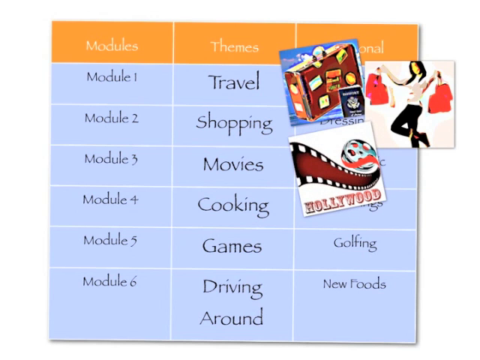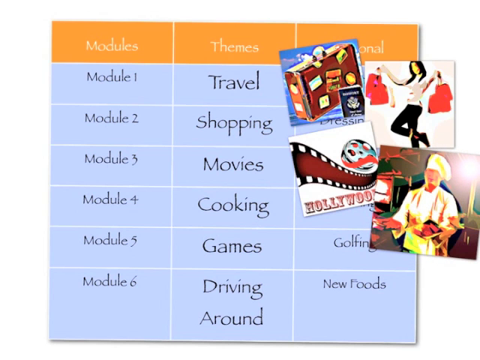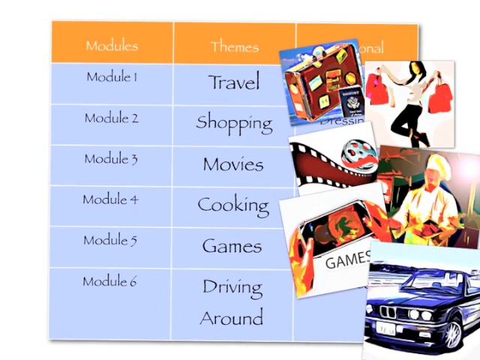So then they go to Module 3. They're talking about movies. Module 4 is talking about cooking. Module 5 is talking about games. And finally, Module 6 is talking about driving around. Okay, it could be about cars. It could be an extension of traveling. Like going in a big full circle, I should say, going back to Module 1.